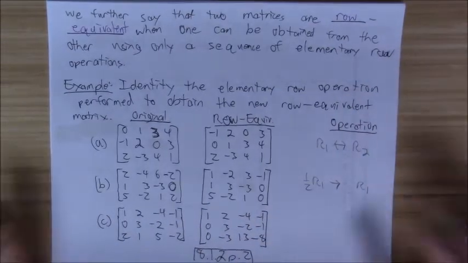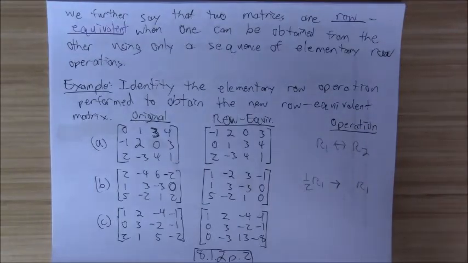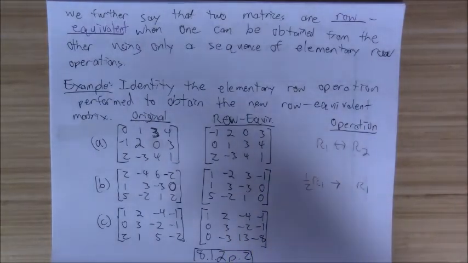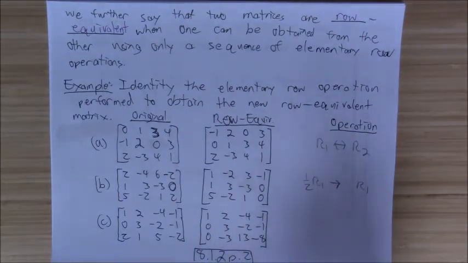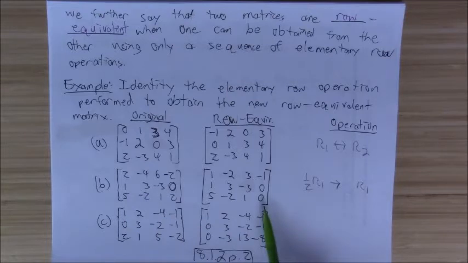And then finally, for our last one, we see that the top two rows are the same in each of these, but in the bottom row, something is different. This wasn't a swap, because there's not two rows swapped. And it cannot be a multiplication.